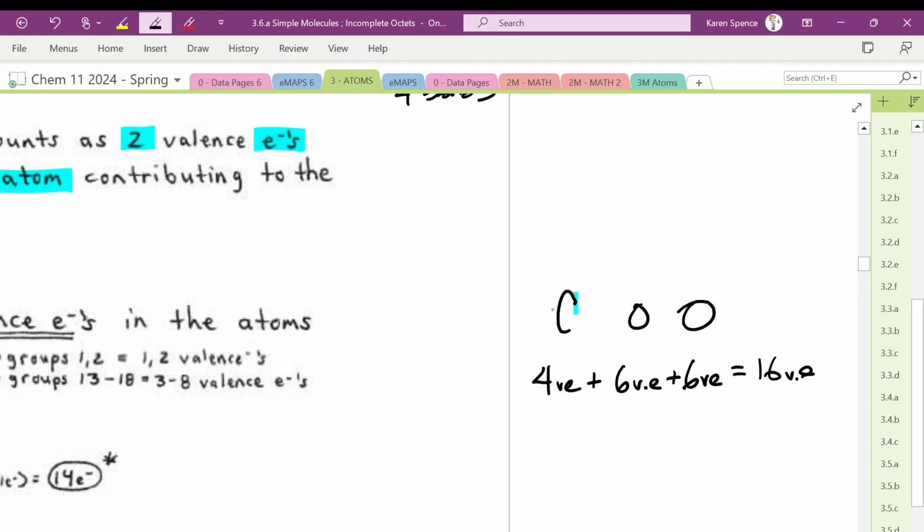So when we finished drawing our structure, we needed to have the same number of valence electrons at the end. So you count up how many valence electrons you have. You need to have the same amount once you finish drawing your structure as you figured out you have at the beginning. Okay, so here's carbon. Here's oxygen, 1, 2, 3, 4, 5, 6. 1, 2, 3, 4, 5, 6.